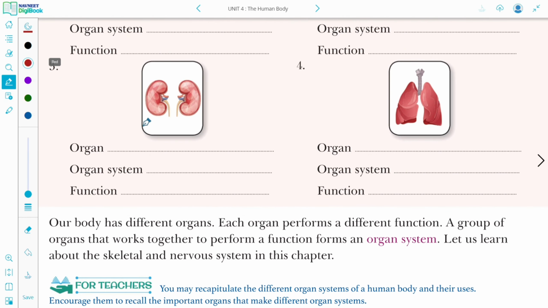Third picture is of kidney, and the organ system is excretory system. The function or the work of this organ is filtration of blood. Next is lungs. The organ system is respiratory system, and the function is breathing process.